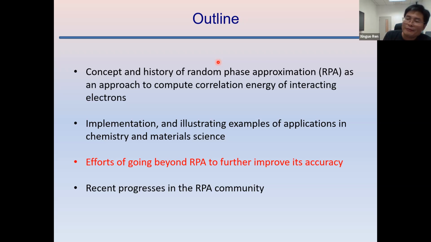So actually, from this perspective, one would say that CCD must be better than RPA. But in fact, this is not necessarily so, right? In certain cases it is, but it's not always so.